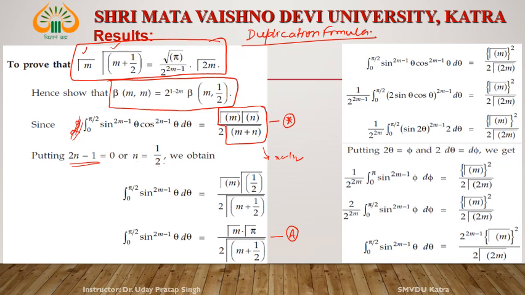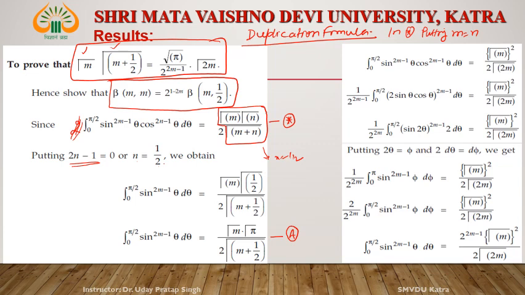In equation star, putting m equal to n. Why are we putting m equal to n?